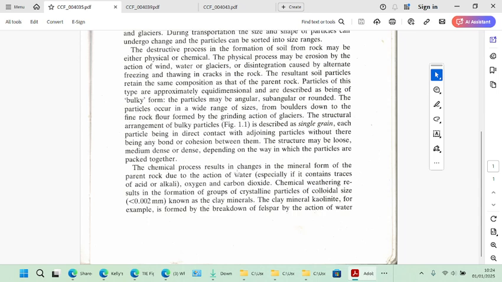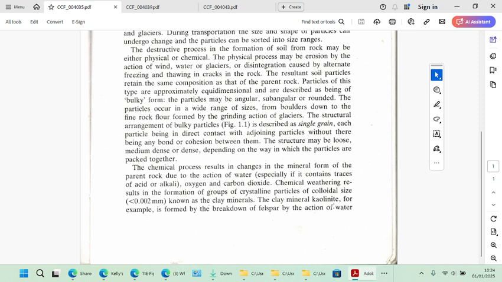The chemical process results in changes in the material form of the parent rock due to the action of water, especially if it contains traces of acid or alkali, oxygen, and carbon dioxide. Chemical weathering results in the formation of groups of crystalline particles of colloidal size, I hope I've said that right, less than 0.002 millimeters, known as the clay minerals.